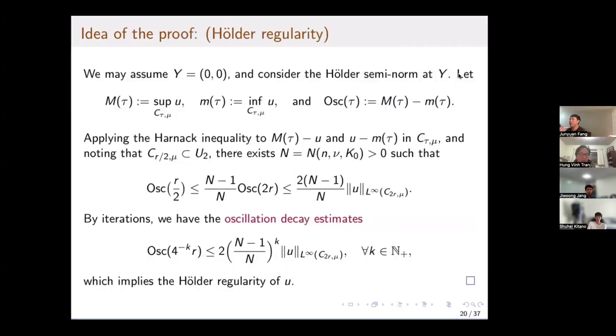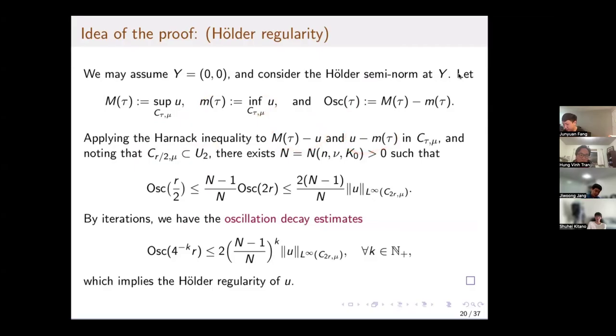Here's the proof. The idea is basically the same as the classical one or the uniformly elliptic one. We introduce the supremum in some cylinder and the infimum, and we take the oscillation with the variable tau. We apply the Harnack inequality to this guy. This is non-negative, and this is also non-negative.